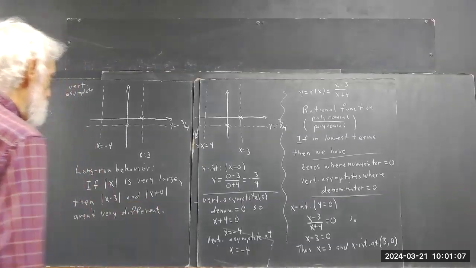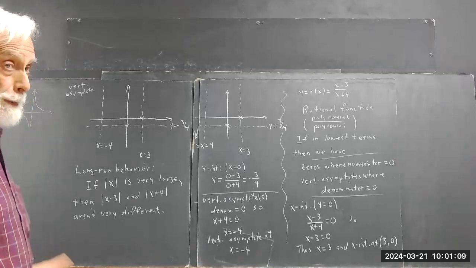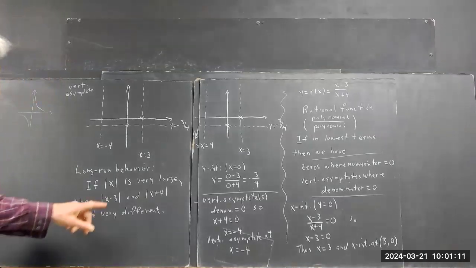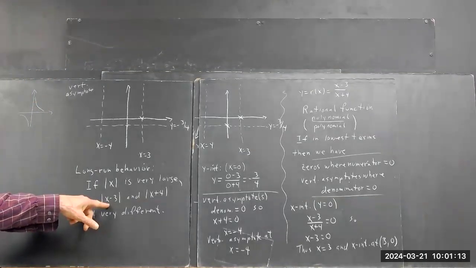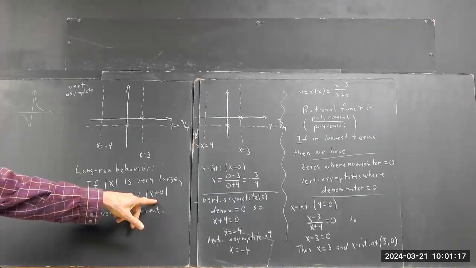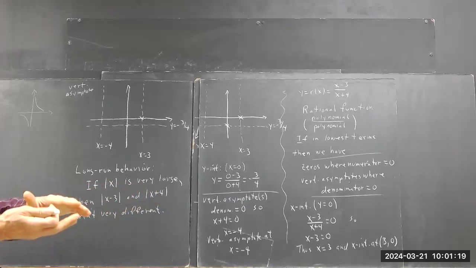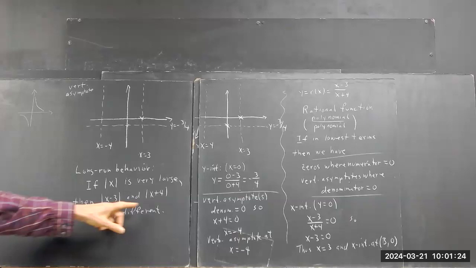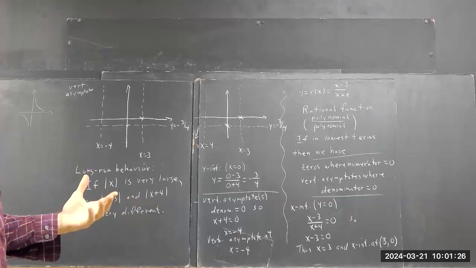These aren't very different. Like if x is 1,000,000, then this would be 999,997, and this would be 1,000,004. Just a little bit less than 1,000,000, a little bit more than 1,000,000, meaning that these two are practically the same size.